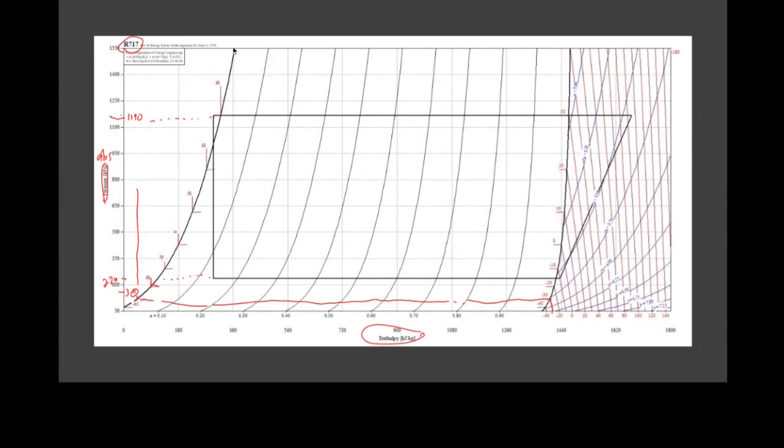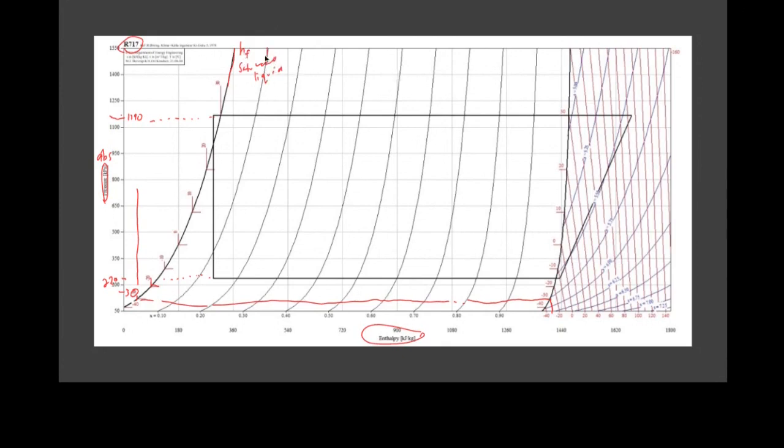And then what we have here, this line, is the line of saturated liquid. All of the points on this line we can find in the refrigerant tables for R717, H sub F, the enthalpy of saturated fluid.